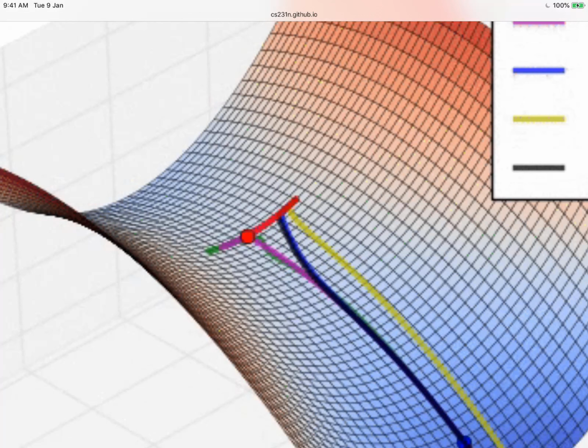But if we have the momentum factor, even though the gradient magnitude is really small at a particular time step, if it was accumulated with the same signs, then at the current time step it will have some non-trivial amount of gradient. So it's easy to escape from this saddle point.